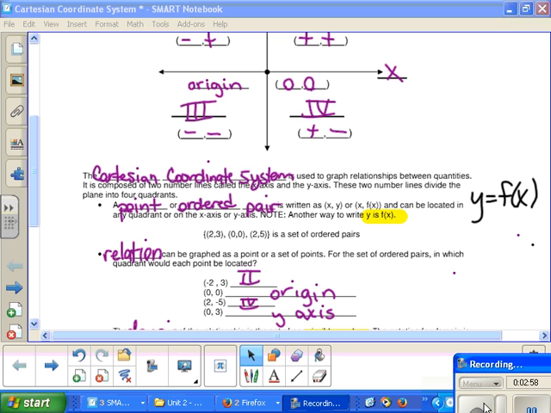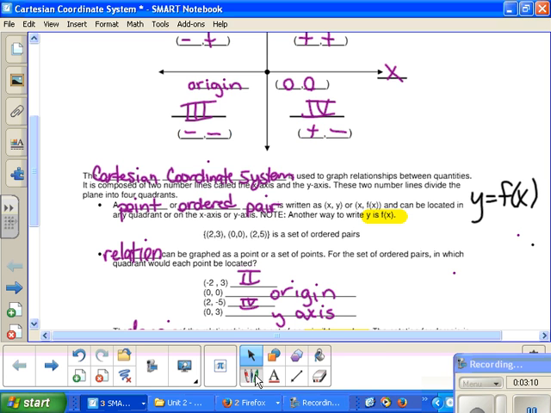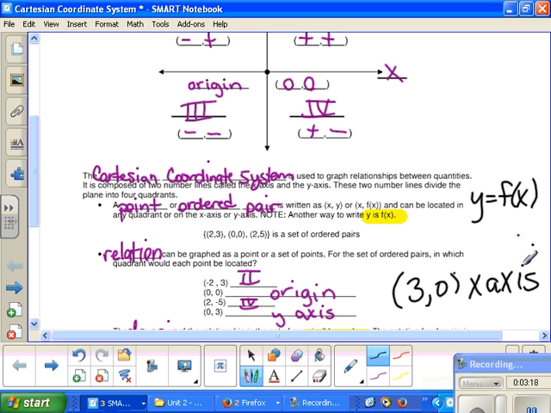It's not in quadrant 1, because 0 is not considered positive or negative. It's on the axis. So we need to be careful. If this had been 3, 0, this would be on our x-axis. So we need to be careful that we describe it correctly.